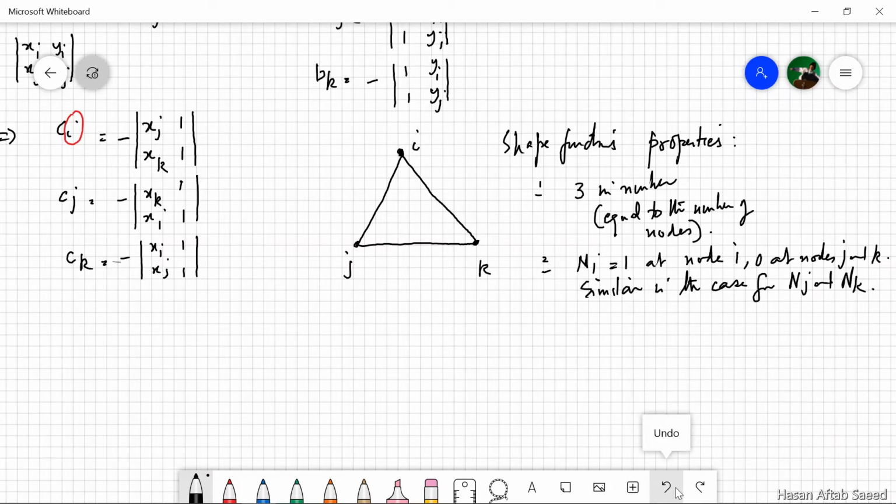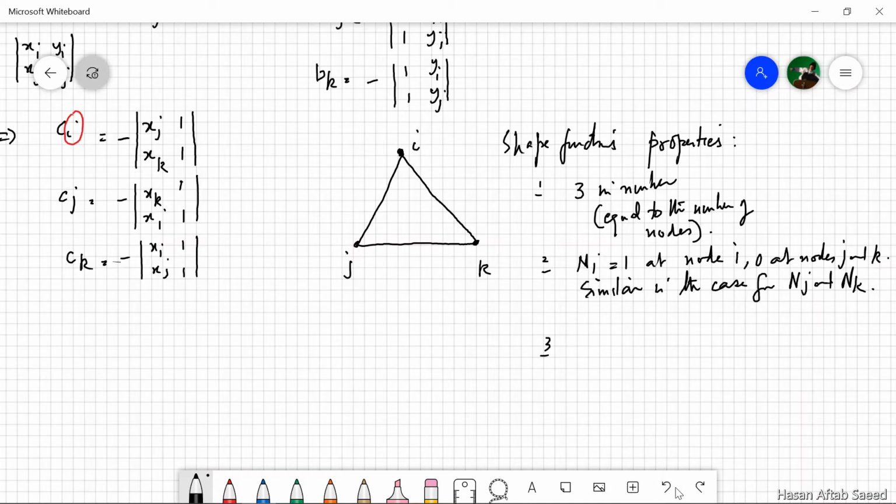That is, nj will be 1 at node j and 0 at node I and k, and so on. And it makes all the sense in the world, because at node I, the value of phi should be phi I. Now phi I multiplies with ni, so ni has to be 1, and nj and nk have to be 0 to give phi is equal to phi I. So this makes sense.